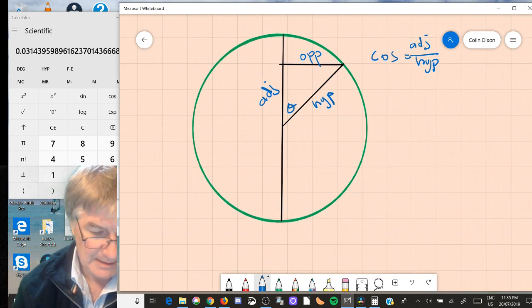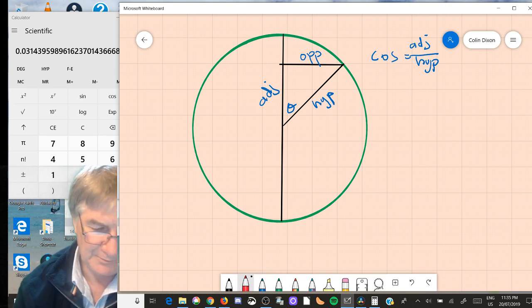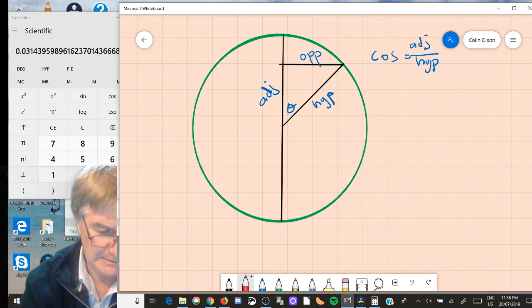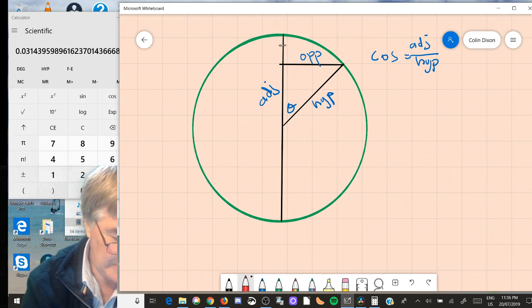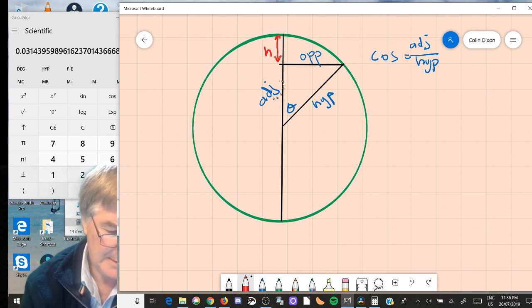Okay. Now, what we needed to work out was the curvature of the Earth. And in this diagram, the curvature of the Earth is h, which is the distance from here to here. To work out that, it's the radius of the circle, take away this section here, which is from here to here.